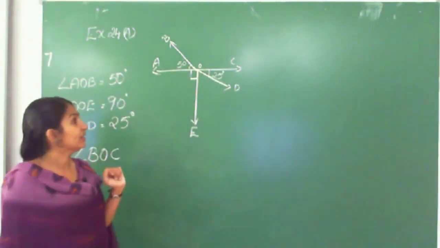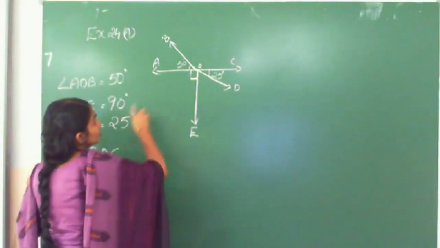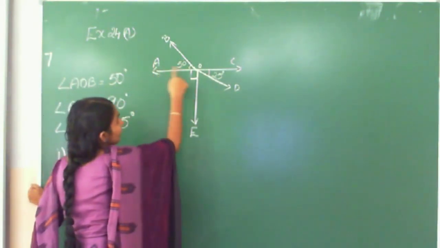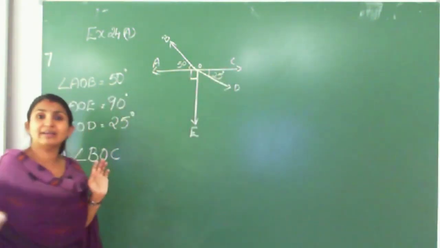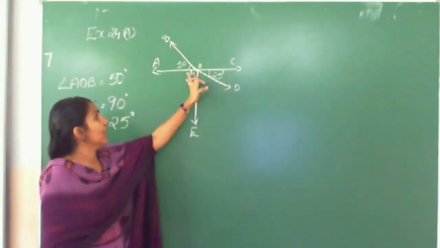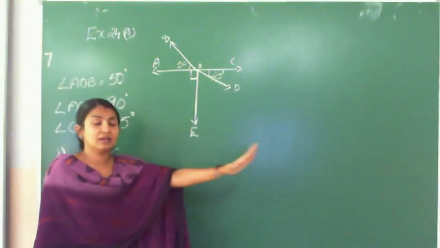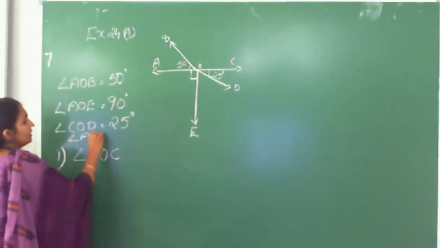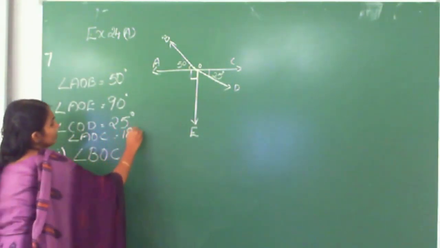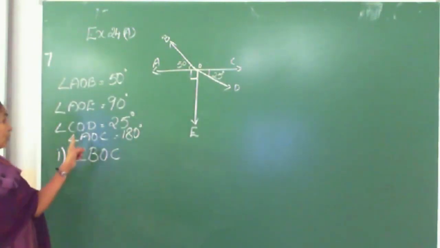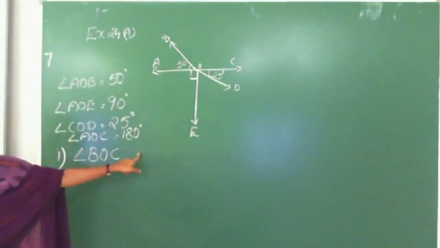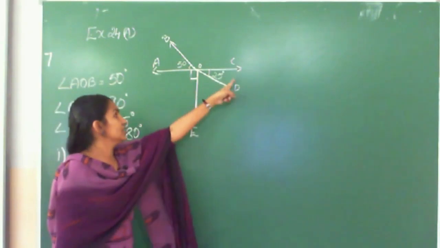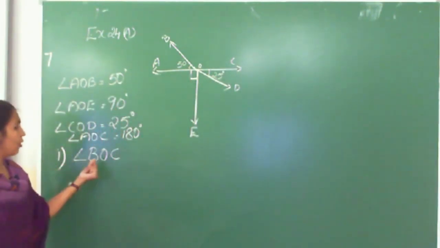Just check that first. So we can understand that angle AOC is already known. What is angle AOC? It's a straight angle. It means angle AOC is also given there and it is 180 degree. So that also we are writing along with these three. Angle AOC is 180 degree.